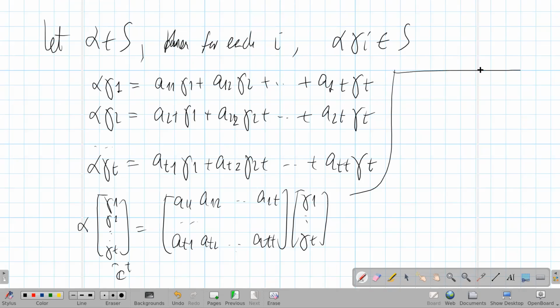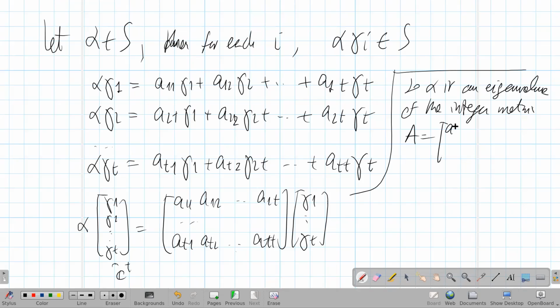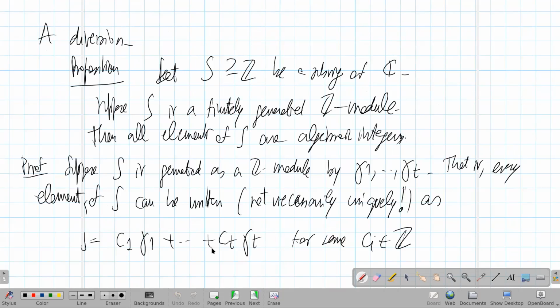Let's continue here. Alpha is an eigenvalue of the integer matrix A, well, this matrix there, okay? It's a matrix with integer coefficients because our claim is that S is generated as a Z-module by gamma 1, gamma t.